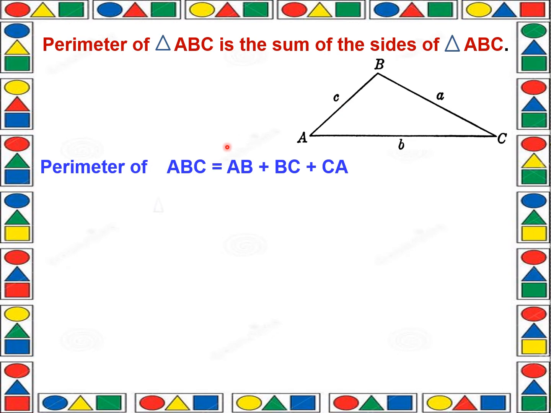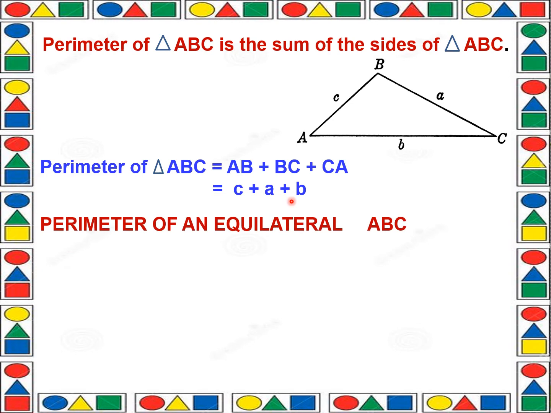To find the perimeter of ABC, we have to add the sides: AB plus BC plus CA. The length of AB is c, BC is a, and AC is b. So the perimeter of triangle ABC equals c plus a plus b.